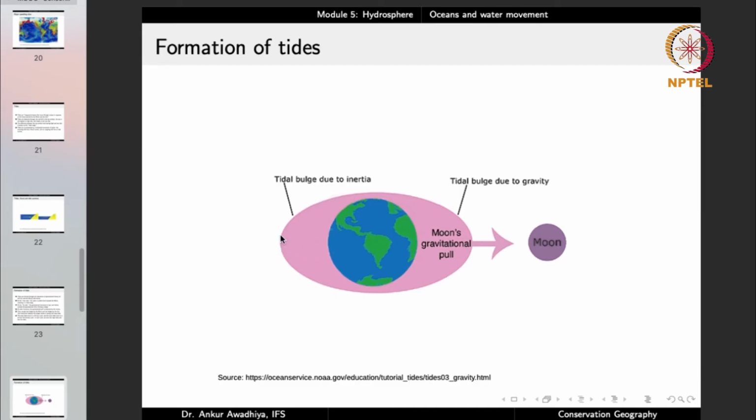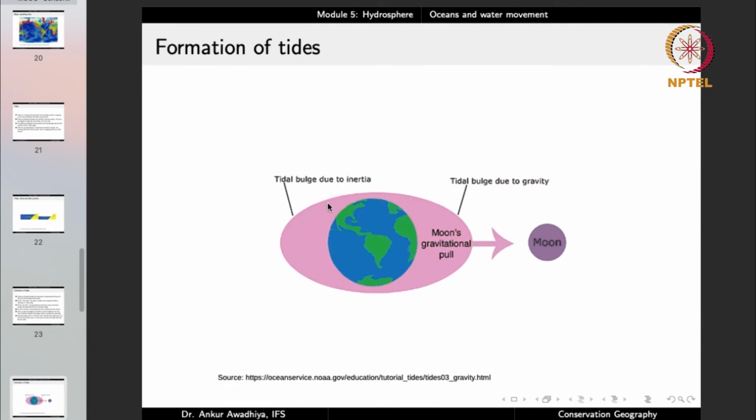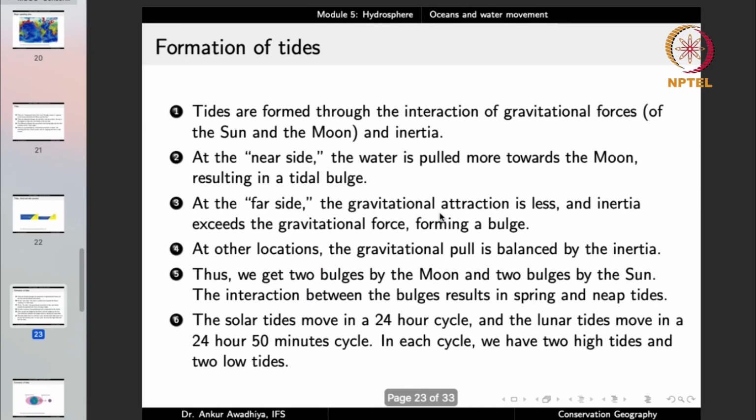So the water remains here because of inertia, the earth moves, and we get a tidal bulge here as well. At other locations, the gravitational pull is somewhat balanced by the inertia, not completely, so we do get a tide in other locations, but it is not as high.